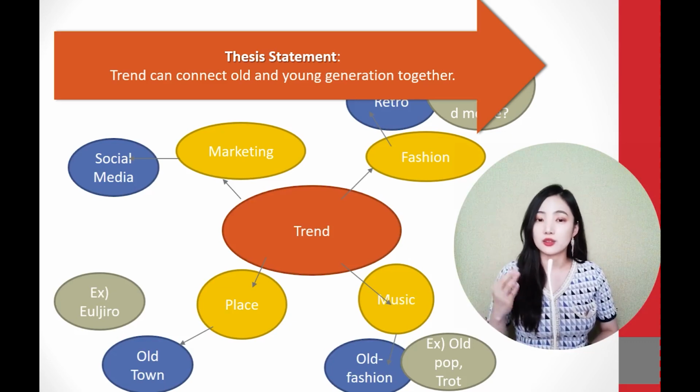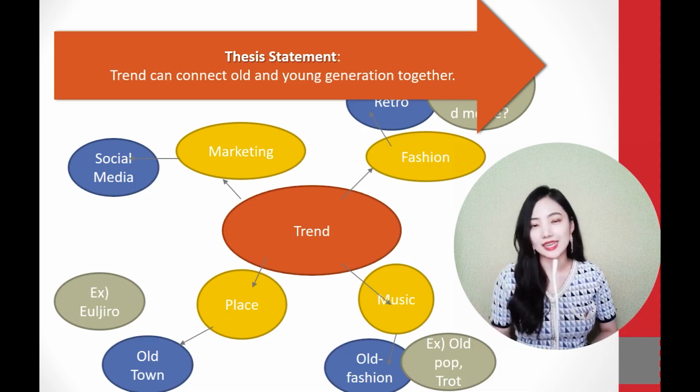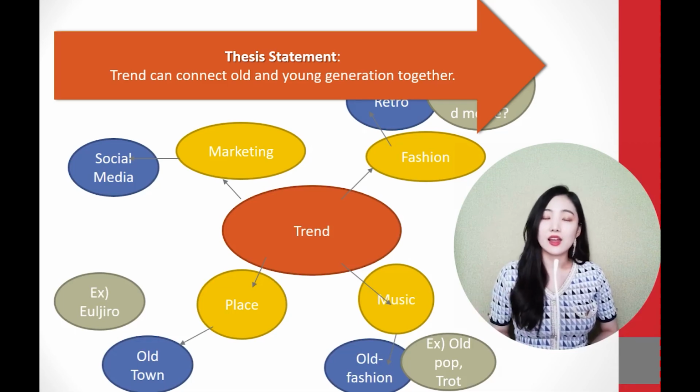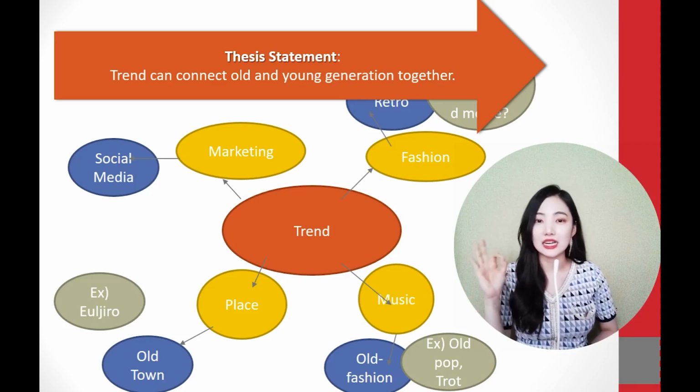See, those are examples: retro, some old town, old pop music, different genres of music. Trends come back, maybe old, outdated, old-fashioned trends from the 1990s, 1980s. They are coming back and the younger generation is enjoying them now. So trend can connect old and younger generations together.